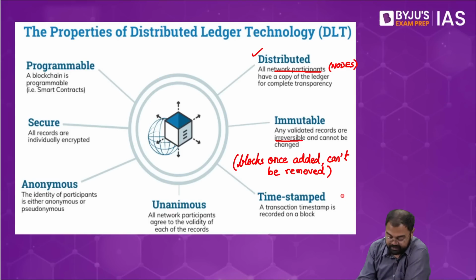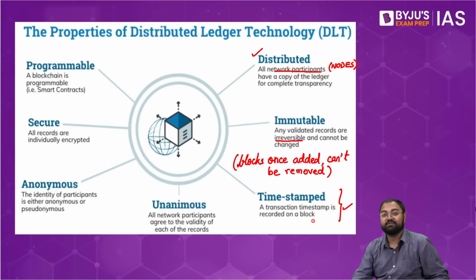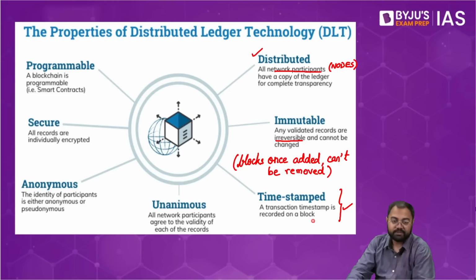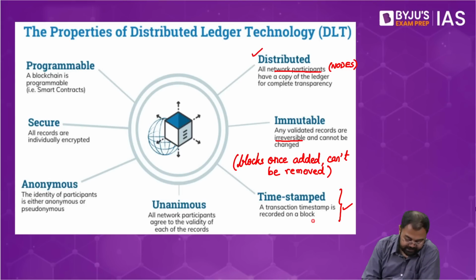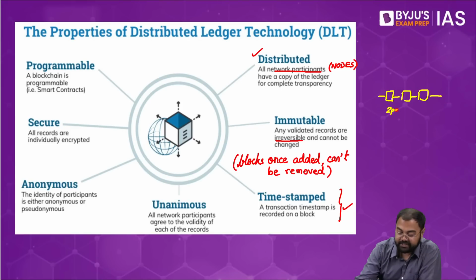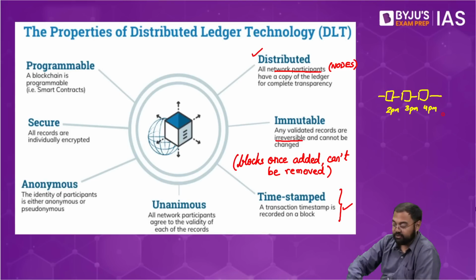So we discussed this, that this is one of the ways in which we would always know about the transactions. So for example, let's say out of the three boxes that we have, the first box was added at 2 p.m., the second box was added at 3 p.m., and the third box was added at 4 p.m. All right. So they all have become a part of blockchain technology.